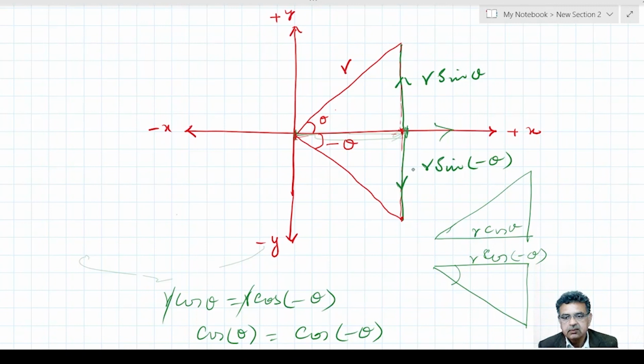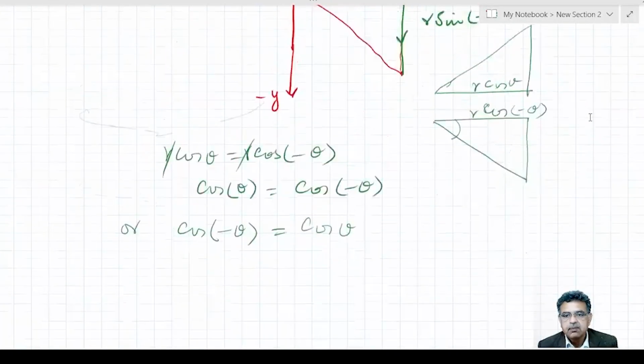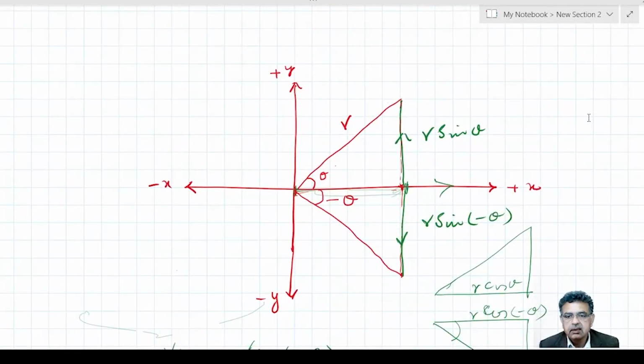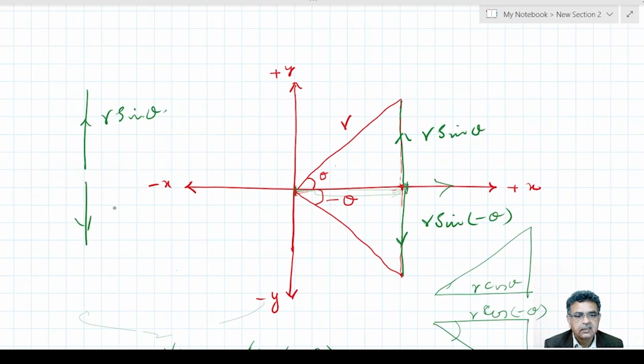So if it is downwards, now look, if this is r sine theta, if direction is changed, this will be minus r sine theta, right? Because of change in direction.